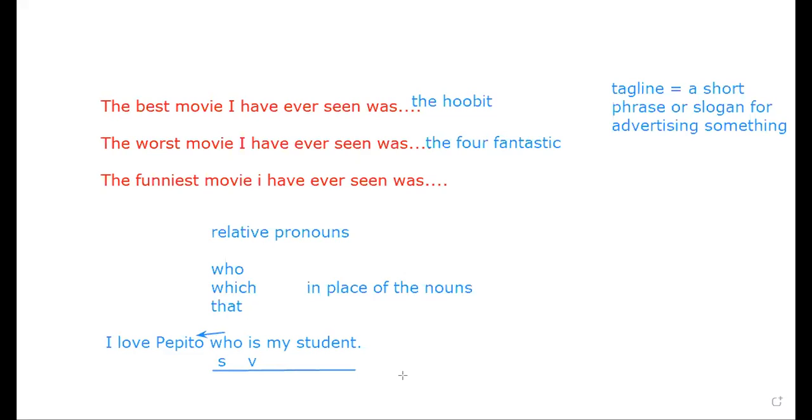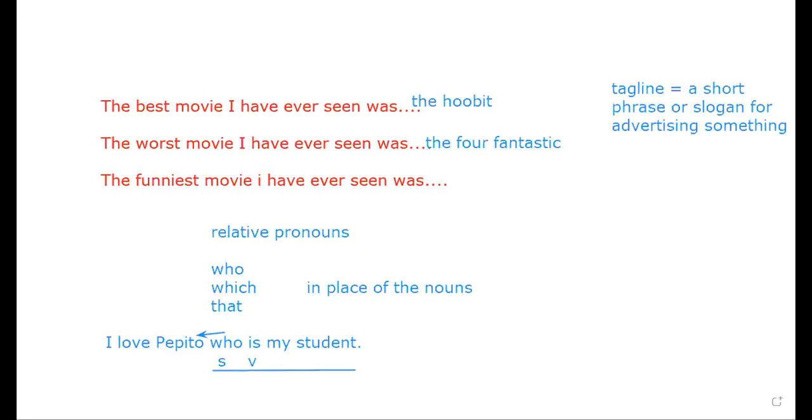In that way. Okay. And you can use, teacher, him. How? I love him, who is my student. But you have to show who. Yeah, you can use I love him. Who's him? Him is my student. But no, generally it works with proper nouns.